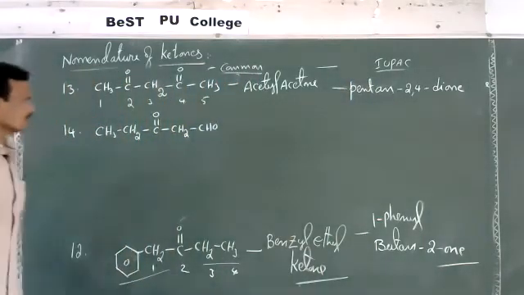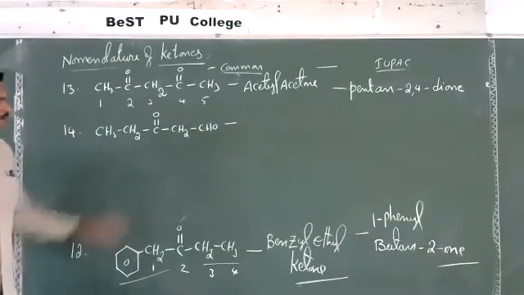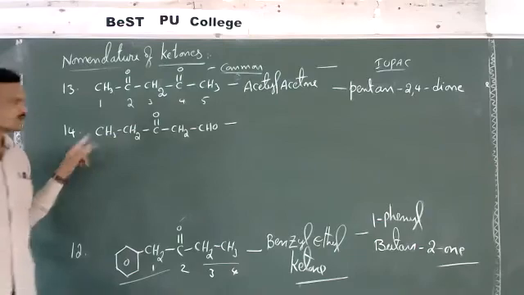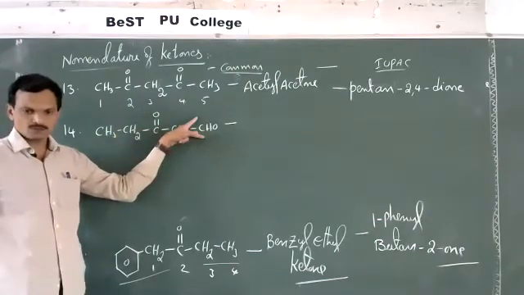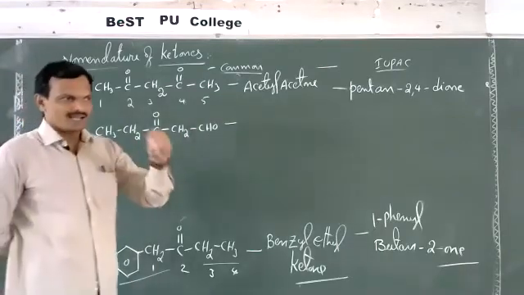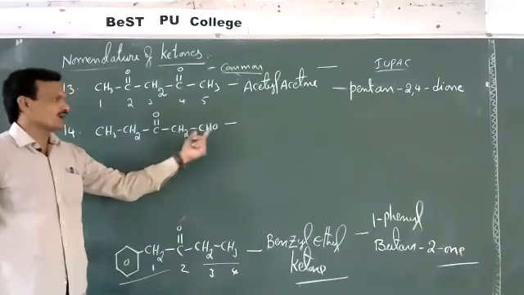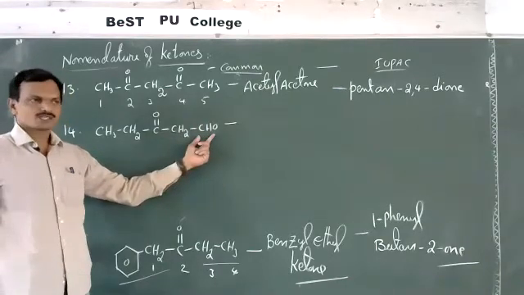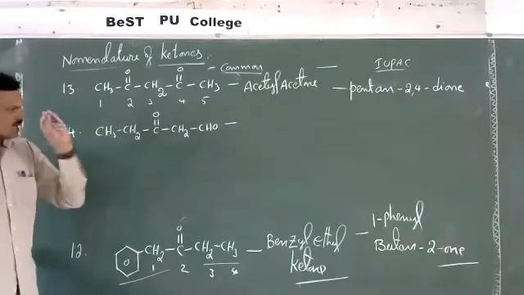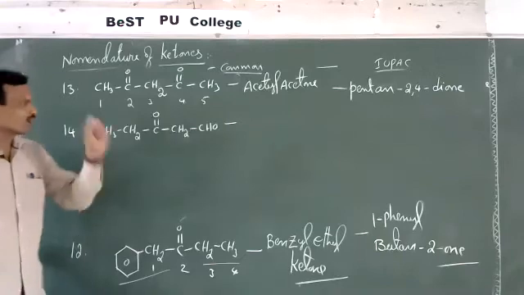Okay, now come to this. Total how many carbons are there? 5 carbons are there. CO and CHO, aldehyde and ketone, both groups are there. If aldehyde and ketone are both there, the priority is given to the aldehyde group, so it is named as an aldehyde. If 5 carbons are there, what is the name of the aldehyde?